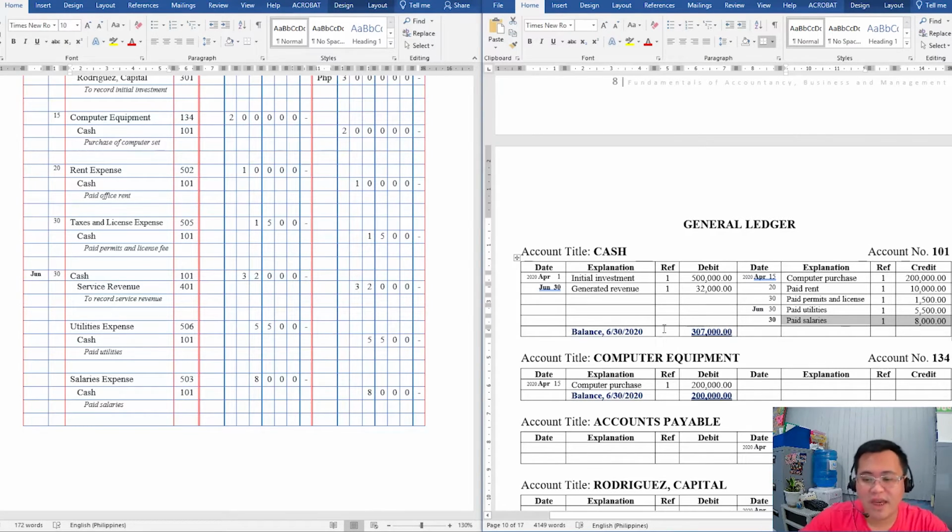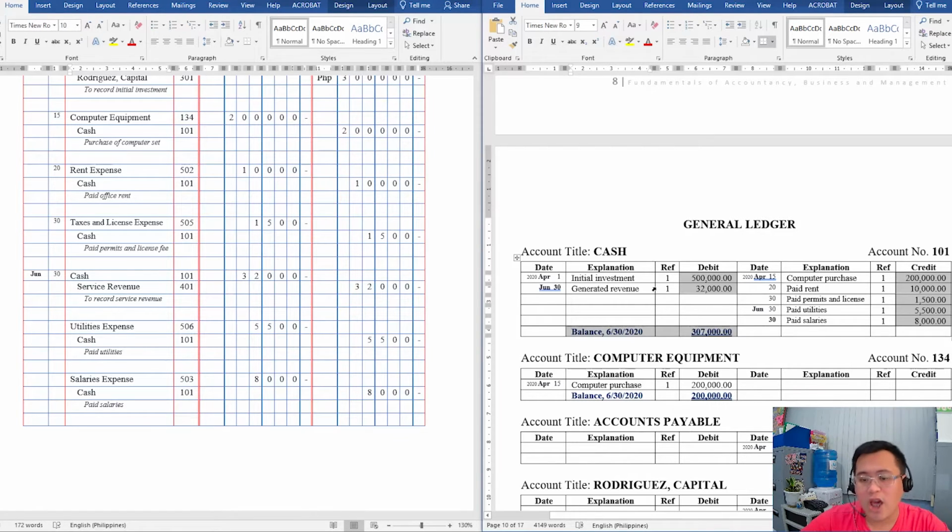So we have here debit side of the cash 500 plus 32, and also on the right side we have 200 plus 10,000 plus 1,500 plus 5,500 plus 8,000 pesos. Okay, this is our total credit. Now, this credit should be deducted from our debit. So, the net effect actually is 307,000. Therefore, we have a debit balance of 307,000 for our cash.